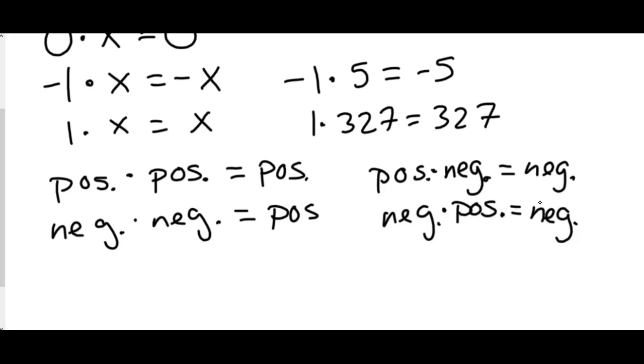So now that we know the rules, we can do some multiplication. We're still working with our rational numbers, which are integers, fractions, decimals that stop, or decimals that repeat. Let's say we have 5 times -2.1. We know it's a positive 5 and a -2.1, so that means our answer should come out as negative.